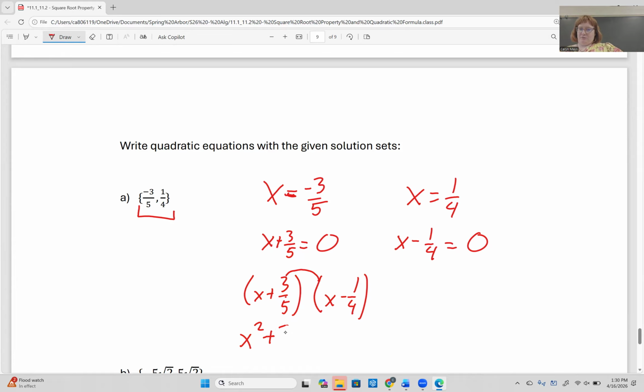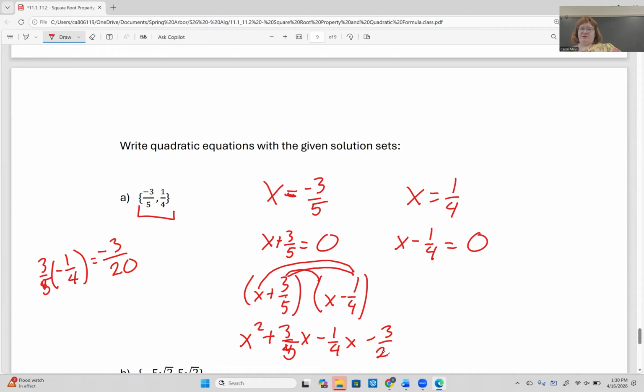This multiplication, 3/5 x. X times -1/4. And last one, 3/5 times -1/4. Multiply straight across.